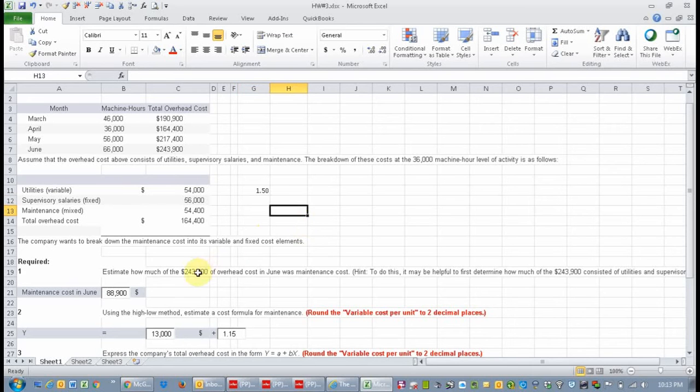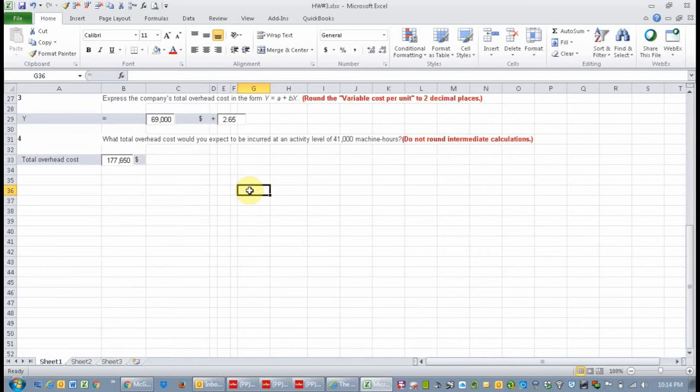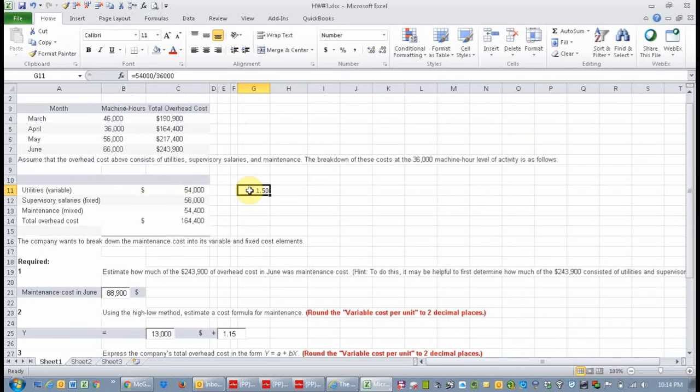So at $243,900, that amounts to 66,000 hours. Since we now know what our rate is per hour for utilities, because that's a variable cost, an expense that will be incurred at the same rate for every hour that the machine is on, you can use this $1.50 rate per machine hour to calculate how much utilities expense you would have at the 66,000 hour level.